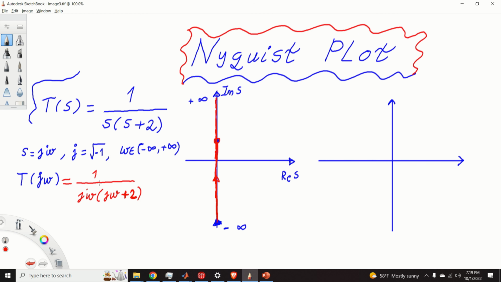You can see that by computing the real and imaginary part of this T of j omega. We can represent T of j omega in another complex plane where this will be the real part of T of j omega, and this will be the imaginary part of T of j omega.